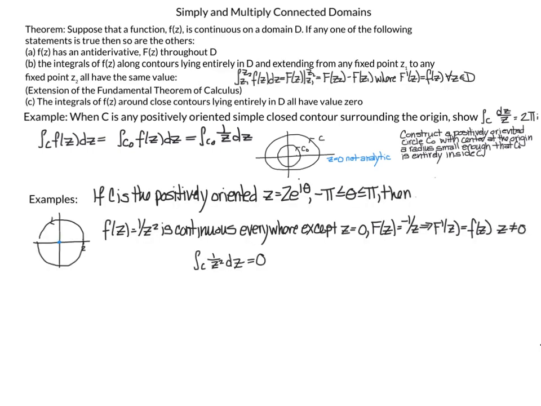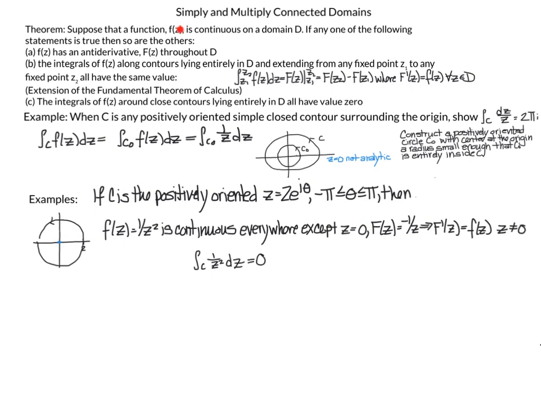So I replaced our theorem about simply and multiply connected domains over here with our theorem about the antiderivative. And here I had the example, which we worked in our previous video. If C is the positively oriented circle that goes from negative pi to pi, and in this example the radius was 2, then when we looked at f of z equals 1 over z squared, it was continuous everywhere except at z equals 0.